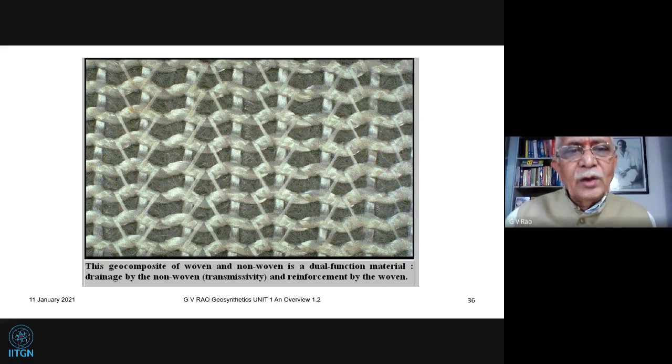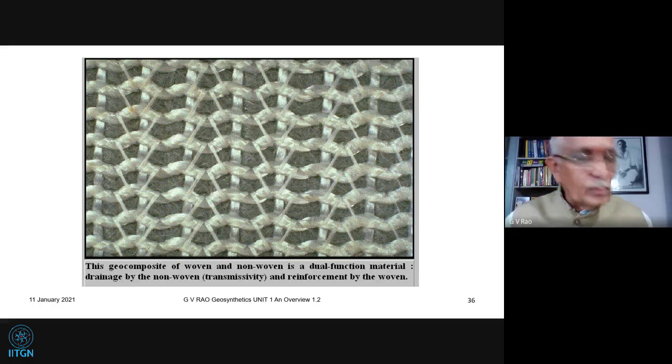The other process of geotextile was actually a process which we call now a knitted geotextile. It's not a geotextile by itself. We will come back on this. It's actually giving a combination of a non-woven geotextile and a woven geotextile. In a way, it becomes a composite.